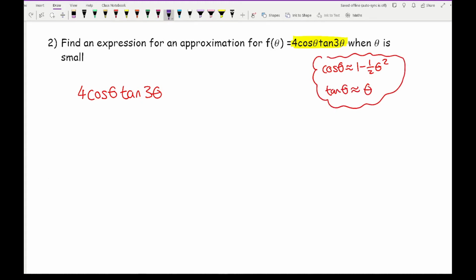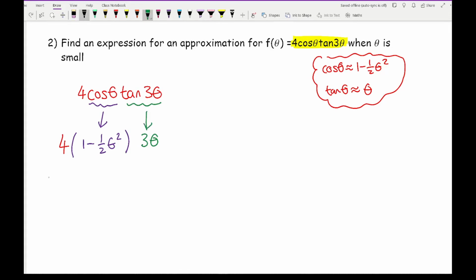So I've got 4, which stays the same. Then I've got 1 minus a half theta squared. So this is my cos theta that I've substituted in. And then I need to substitute my tan 3 theta, which is just 3 theta.